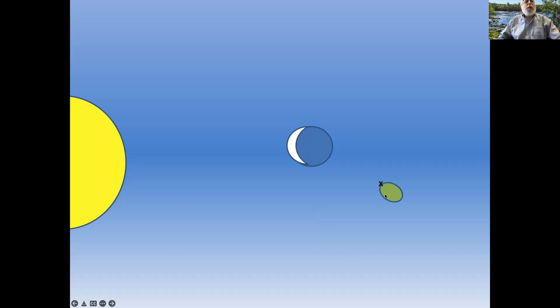Because of the rotation of this version of Earth, the same side always faces the larger planet Tyran.